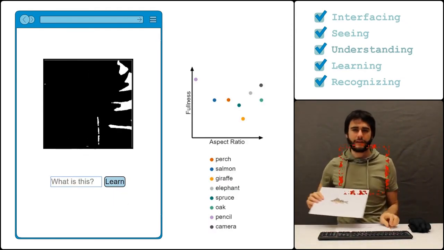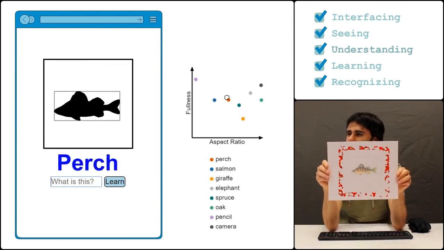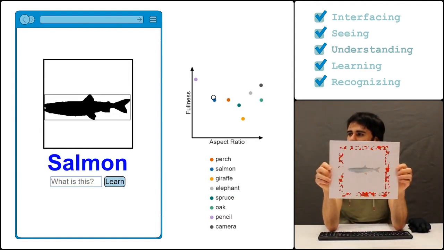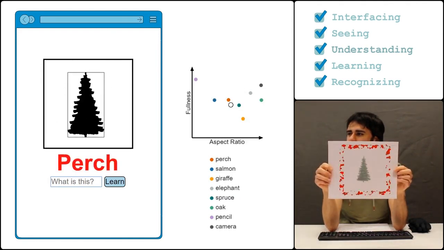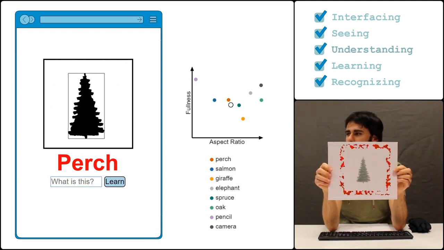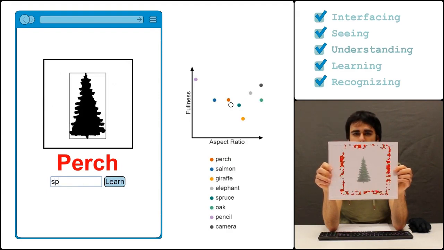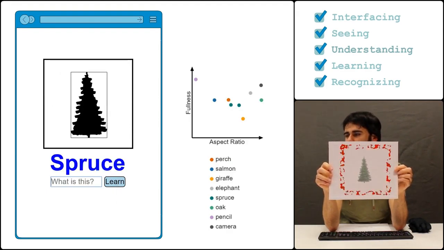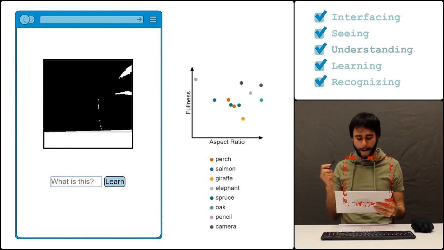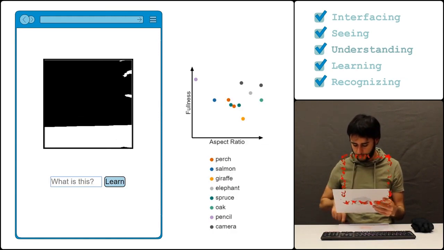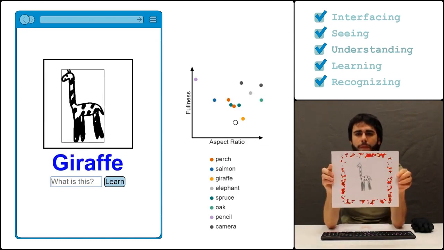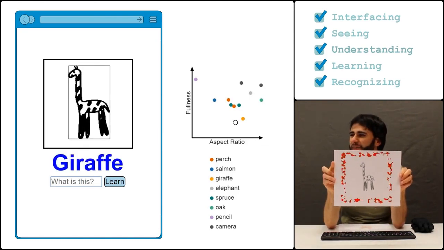Now, let's see if it can recognize the things. Yes, yes, yes, yes. This is not a fish. What we can do now is tell it this is a spruce and just go on. How about if I draw something? Neat. It works.